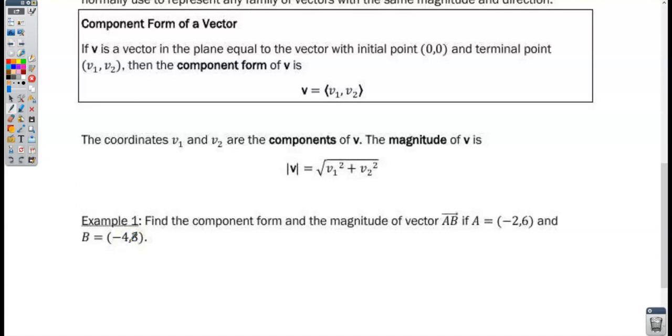The other thing I can do is take the coordinates of the terminal point of the vector and subtract away the coordinates of the initial point of the vector, and that'll give me the components of the vector. There's a couple of different ways that I can handle this, so I'm just going to take the coordinates of the terminal point minus the coordinates of the initial point.